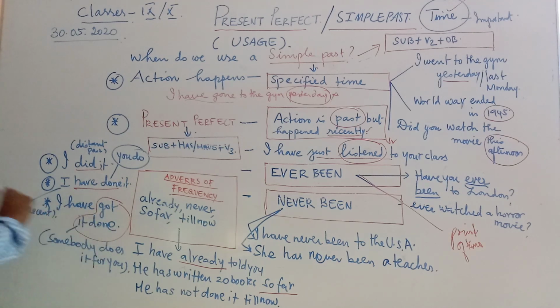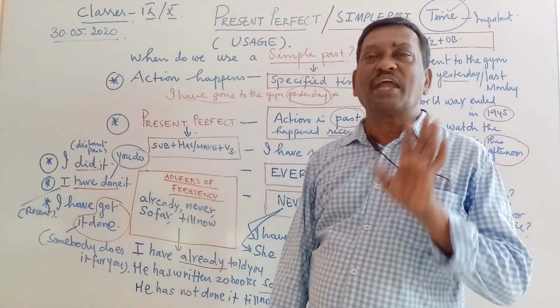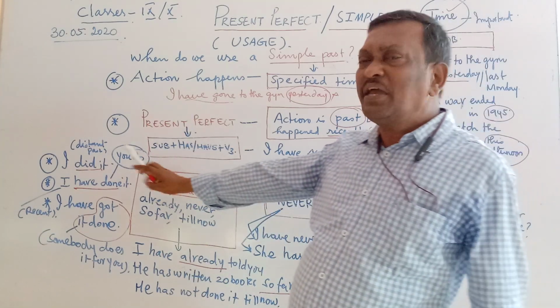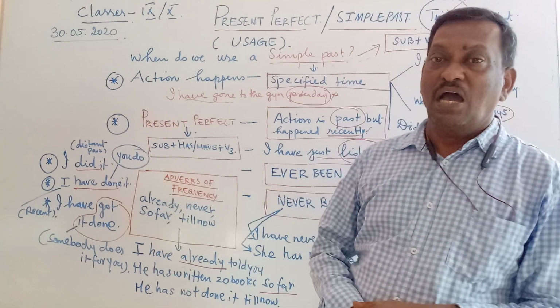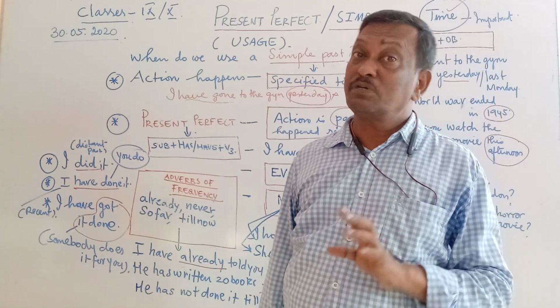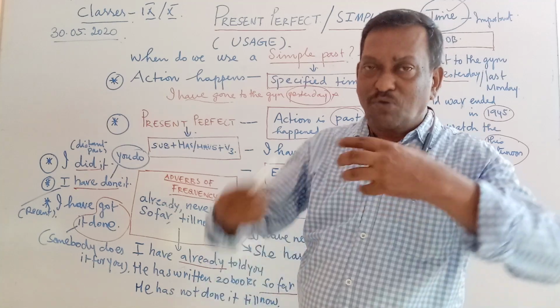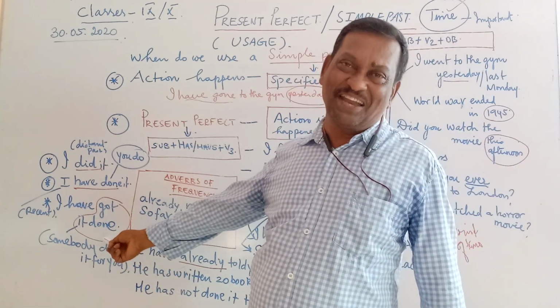Now, this one, the last one. I have got it done. I have done it and I have got it done. What is the difference? I have done it means you are doing it yourself. I have done my homework. Who is the doer? You are the doer. So I am doing it myself. But I have got my homework done.